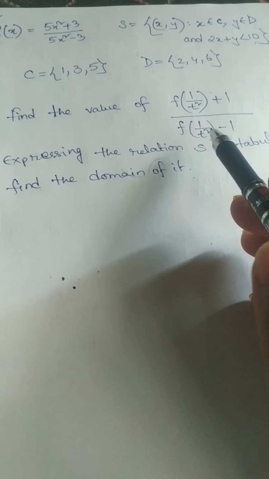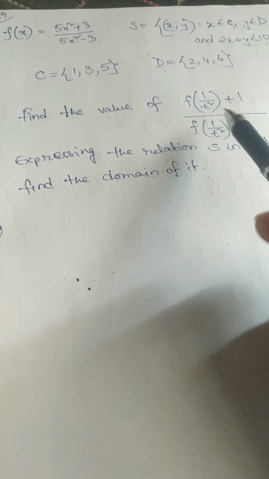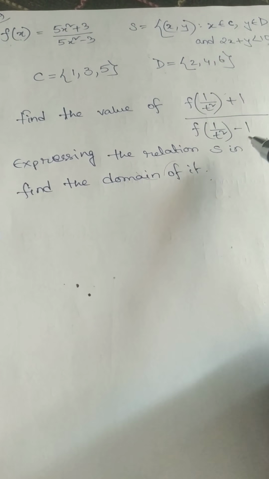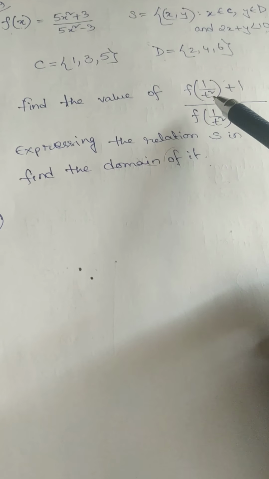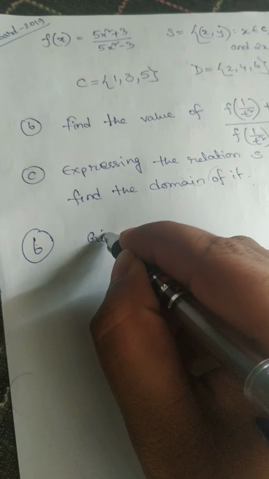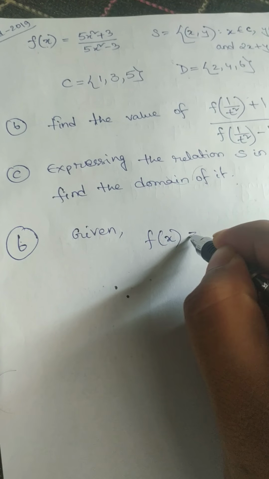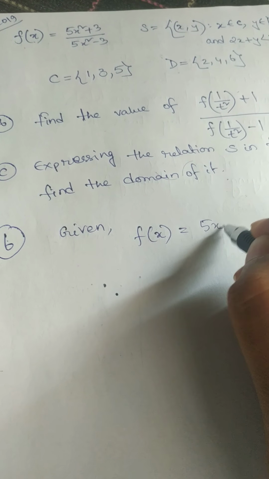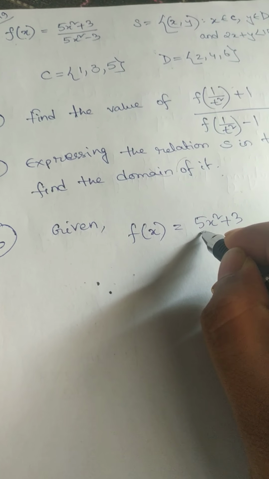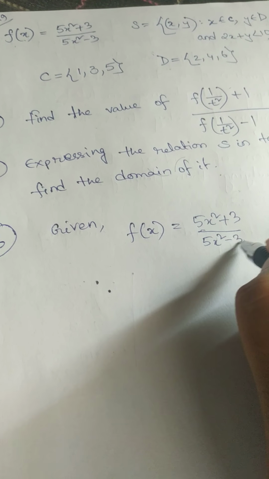So what do we need to find out? f of 1 by t square plus 1 divided by f of 1 by t square minus 1. Most of the function related problems you will usually get in this form. Let us first write the given: f of x equals 5x square plus 3 divided by 5x square minus 3.